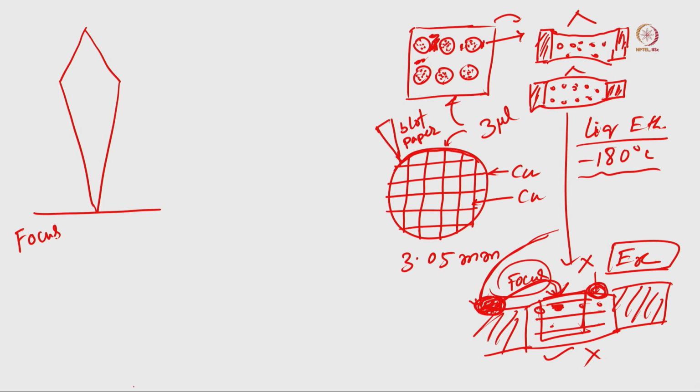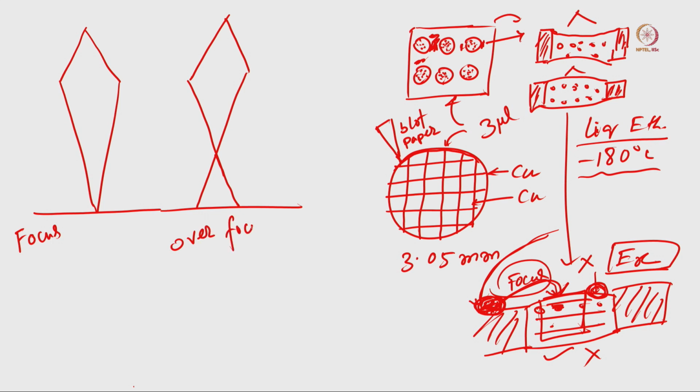Now there are two other possibilities. If I change the magnetic field in such a way that there is a crossover point somewhere up, this is called over focused, which we discussed last class. If we instead use a magnetic field in such a way that the electron beam comes here and merges somewhere here, that is called under focused.